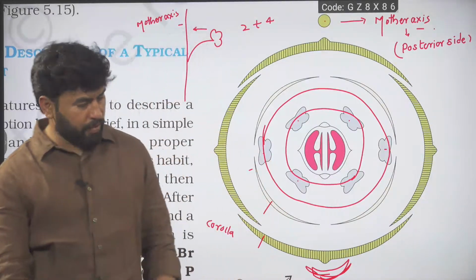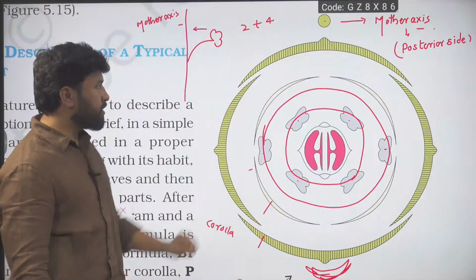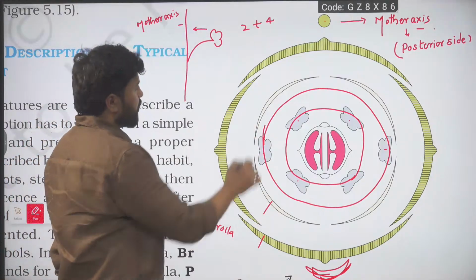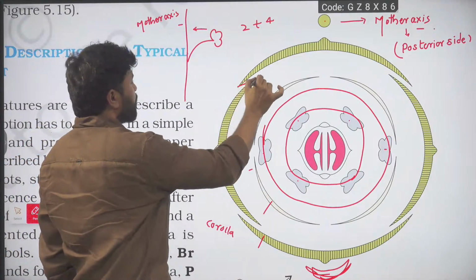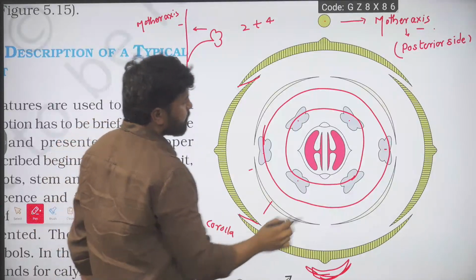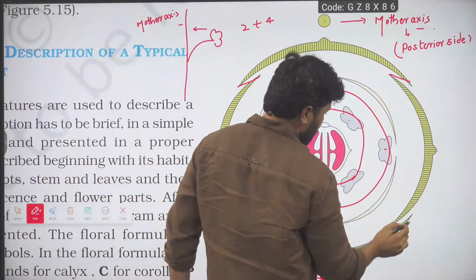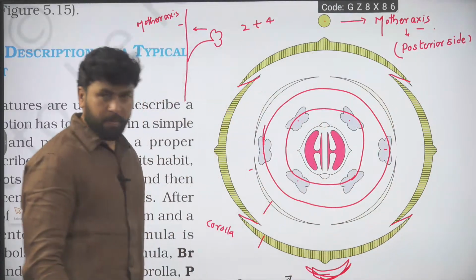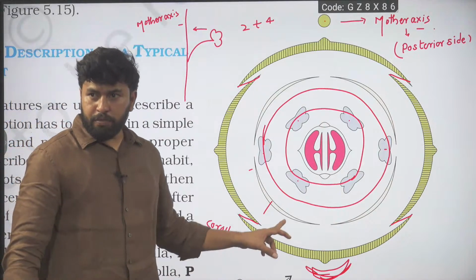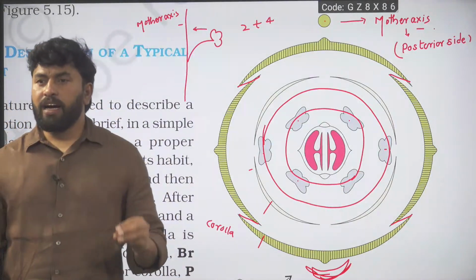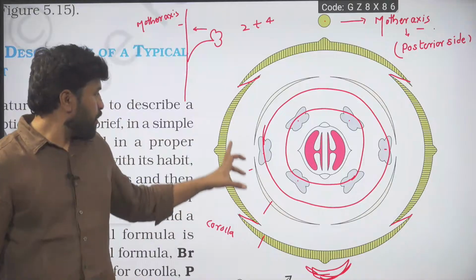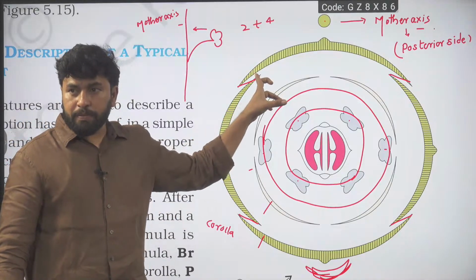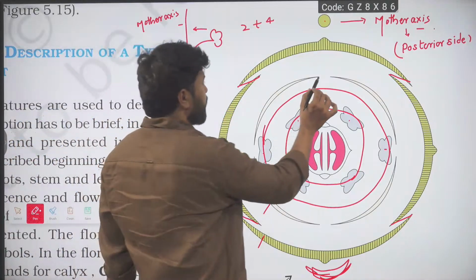For example, if you notice here, these are sepals, the greenish ones. They have represented them like this. These parts are connected, which means they are all attached, one sepal attached to another.